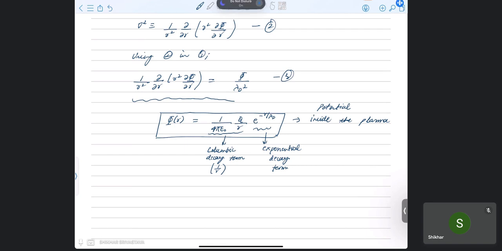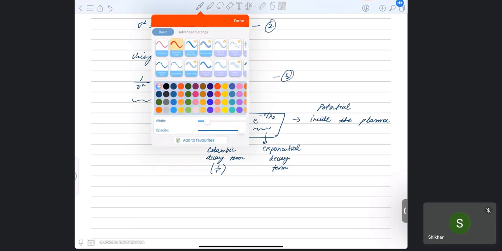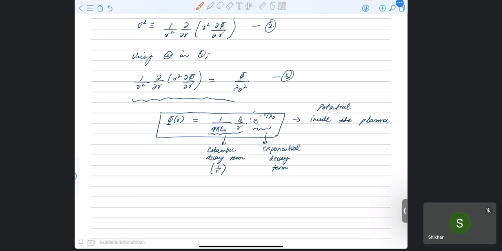That's how we write the expression for the potential created by any test charge placed inside the plasma. It is not the usual form; it has an extra term, which is very important.